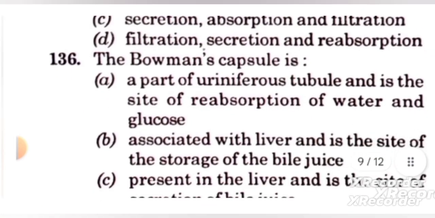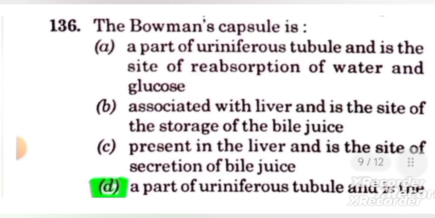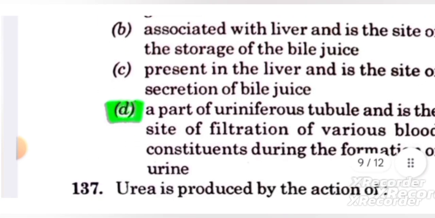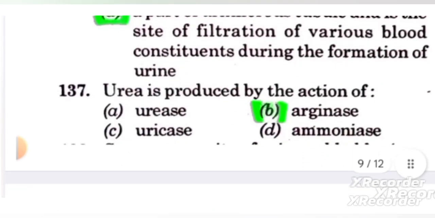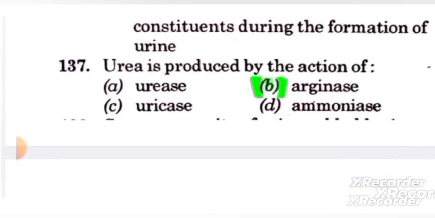Next, 136. The Bowman's capsule is? Answer D, a part of uriniferous tubule and is a part of ultrafiltration of various blood constituents during the formation of urine. Next, 137. Urea is produced by the action of?